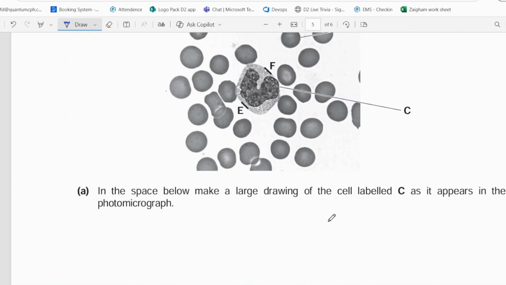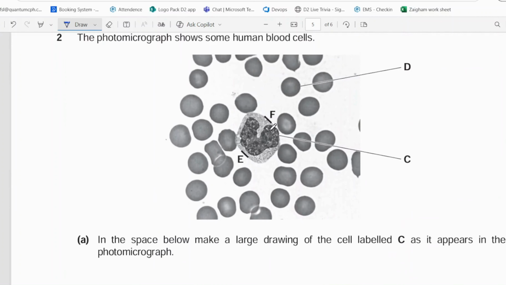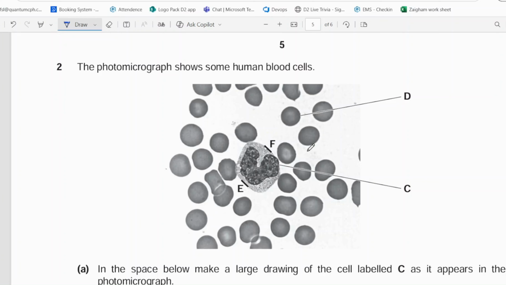Next one is, a blood sample is given. Identify these cells. What is D and what is C?